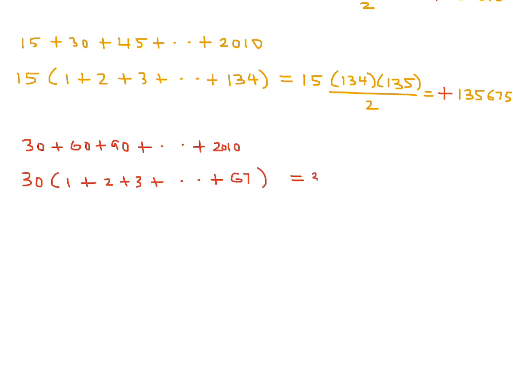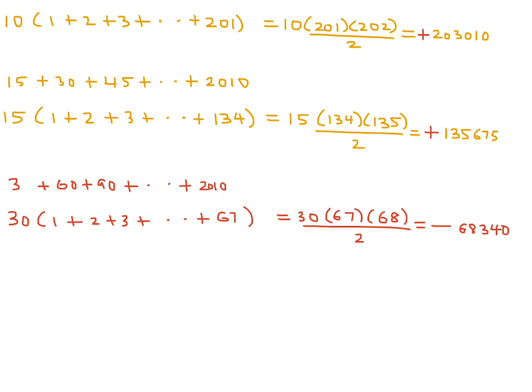So using our formula, we got 30 times 67 times 68 divided by 2. And that number is 68,340. And we are doing what to this? Subtracting once. So that's probably the most challenging part of the question.